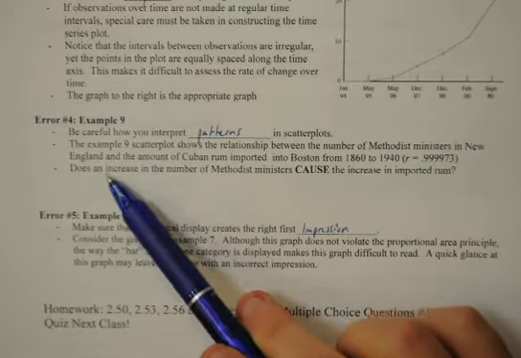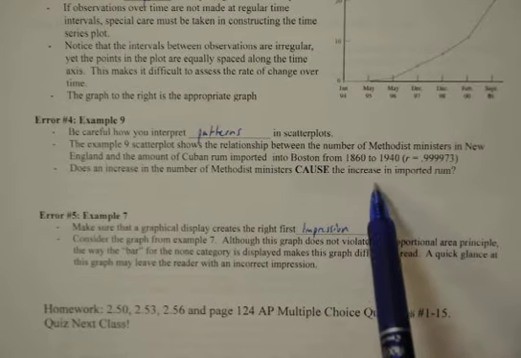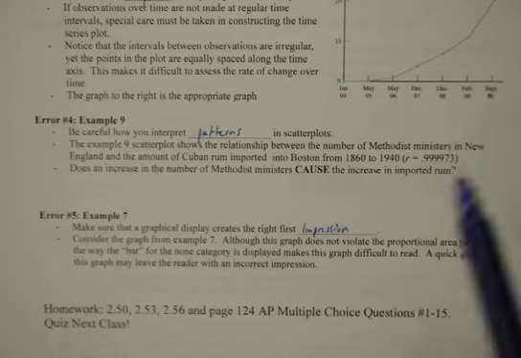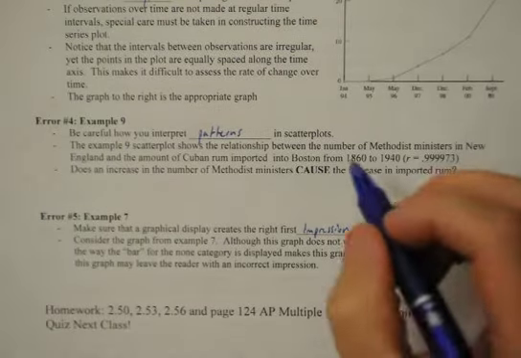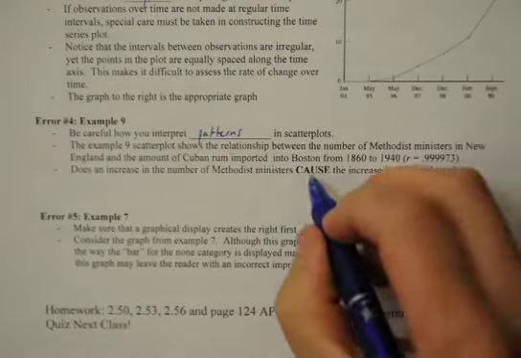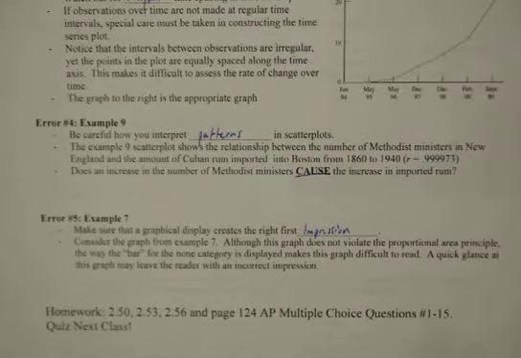So the question is, does an increase in ministers cause the increase in imported rum? Probably not, and what a scatter plot does not show is cause. You can never take a scatter plot to say something causes the other.